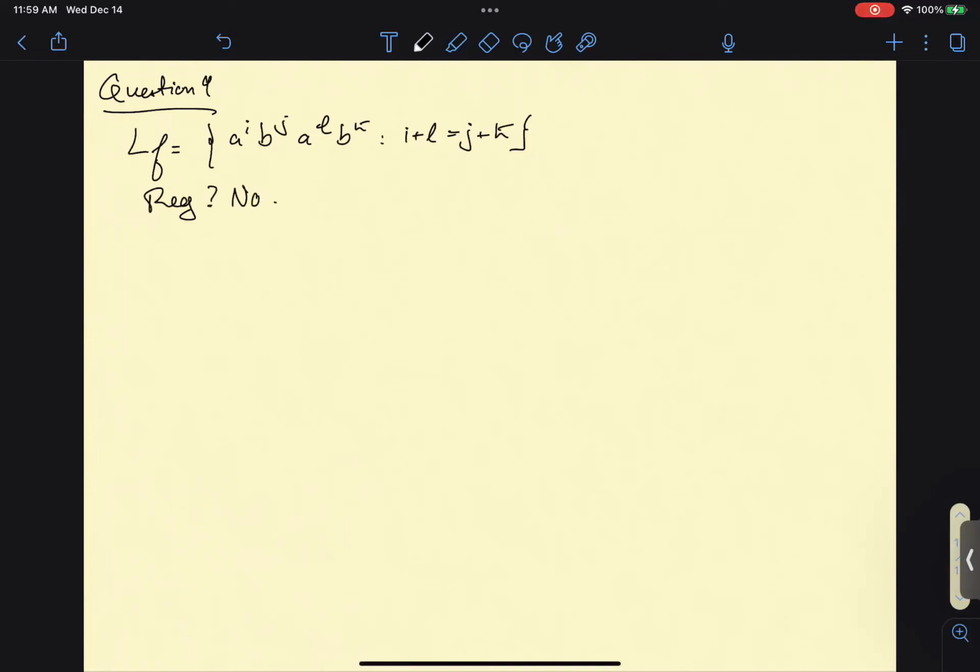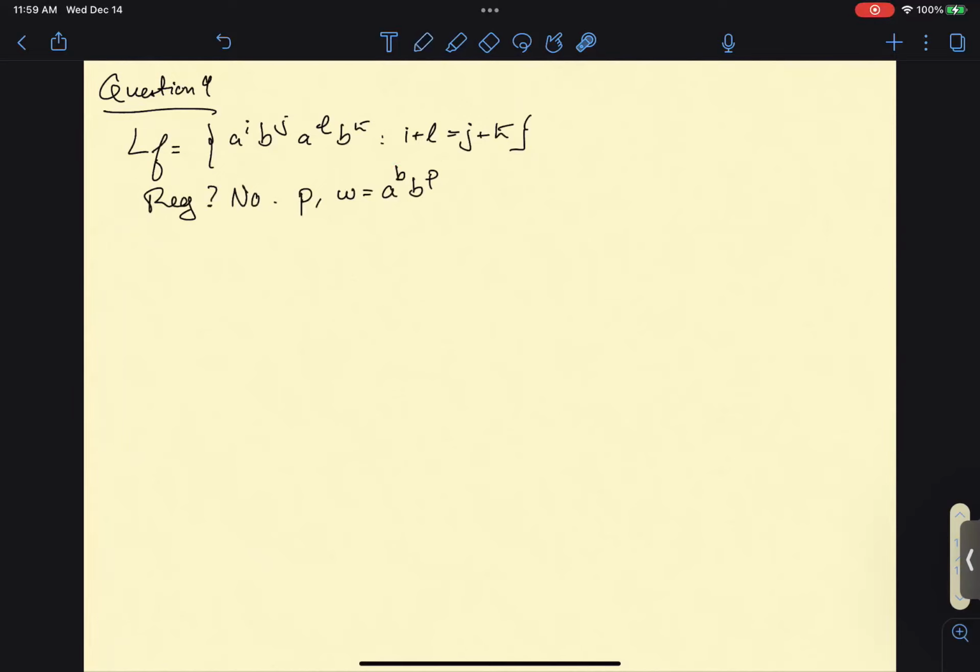If you wanted to do a quick pumping lemma and you had P, what could your W be? Actually, A^P B^P works, right?